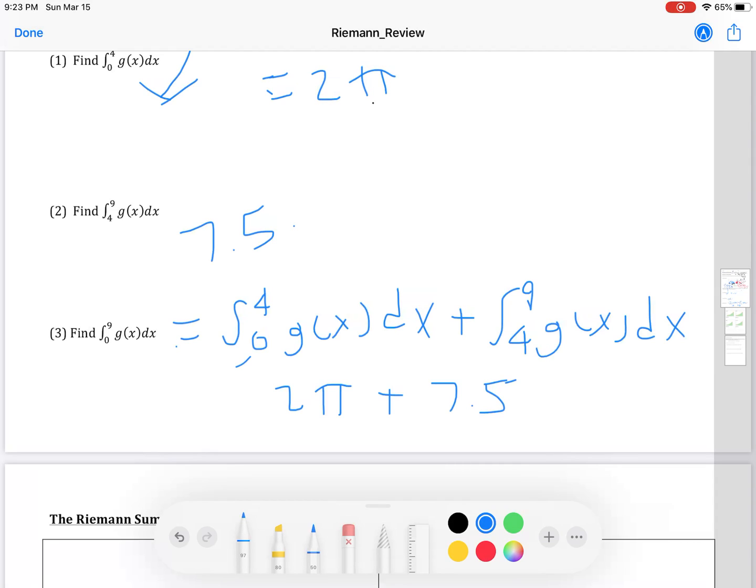In this problem, we have some very set geometric areas like half a circle and a triangle, and we add those together, and we have our final answer. This is the geometric interpretation of integration.